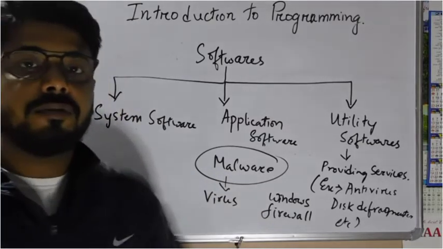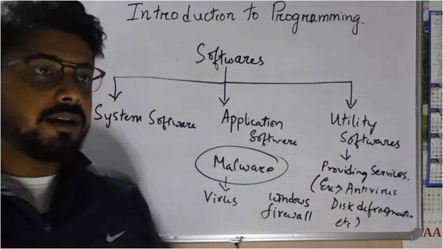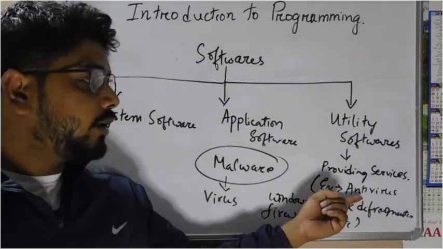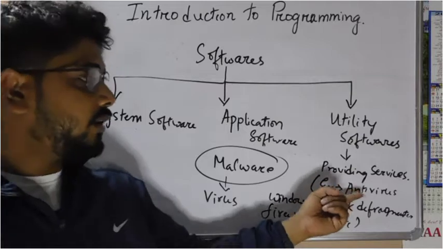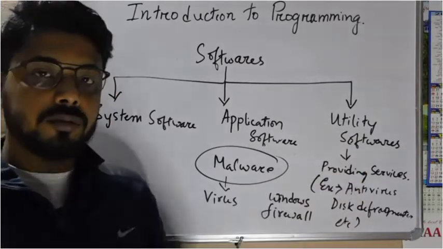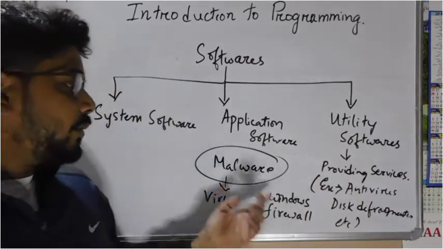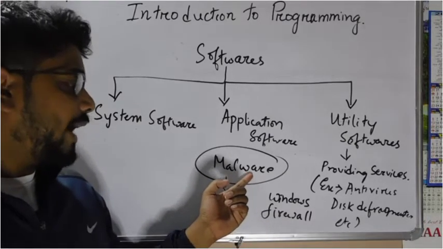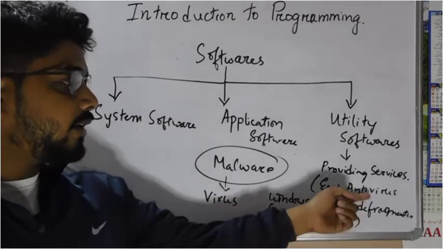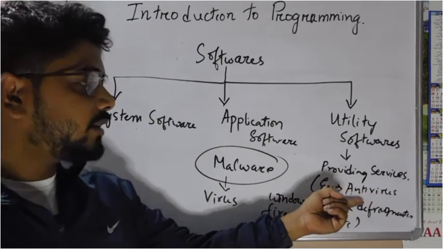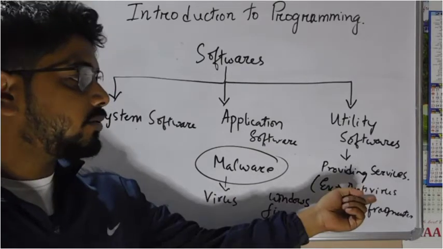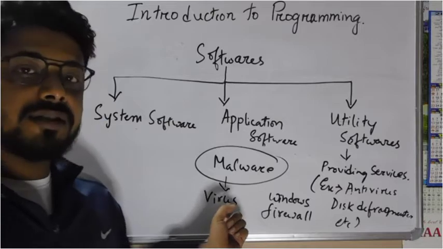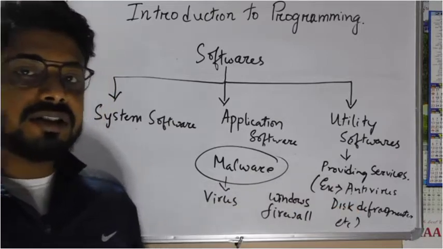So if you see that a virus has entered your system, then you will use antivirus software. It is a kind of utility software which helps you to save your computer from different kinds of malicious software, which we know as malware or virus. From the word it is clear: virus, antivirus. It works against these viruses and helps you to keep your system safe.